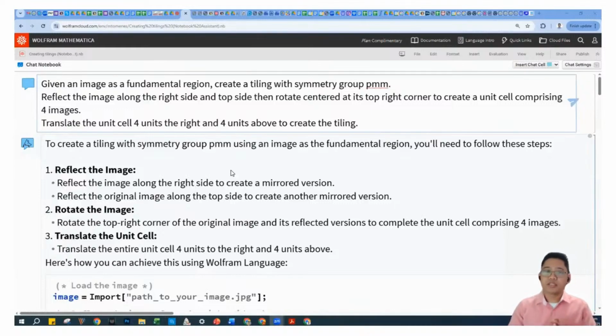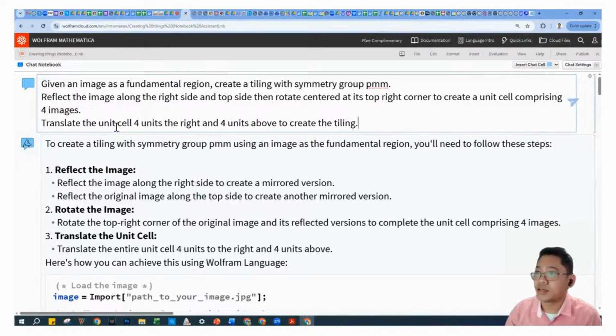Apparently, I know a lot of you have already known that you can use natural language to communicate with AI, and Mathematica has its own built-in AI. Meaning you don't really need to know the code in order to implement what you have in mind. For example, you can use natural language to let Mathematica know what you want to do.